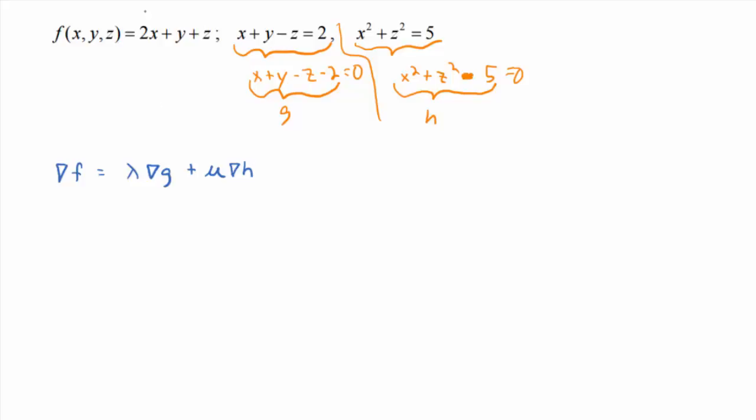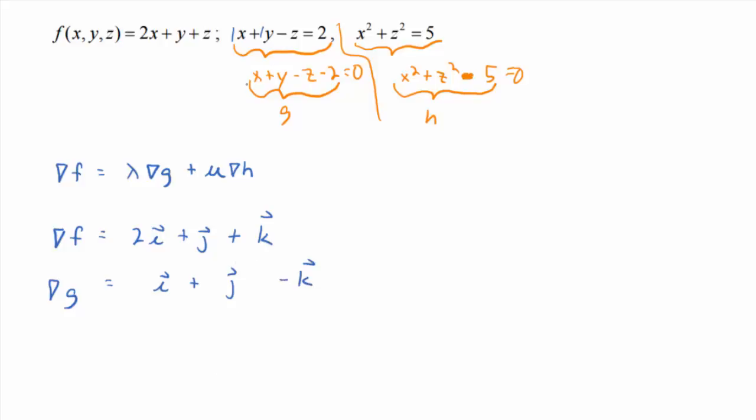Well, let's start with del f. That's easy enough. What's del f equal to? 2i plus j plus k. And then del g. What's del g? Just going to be i plus j, minus k.